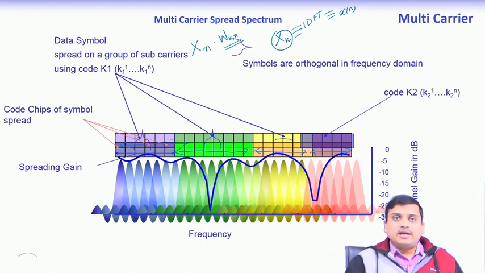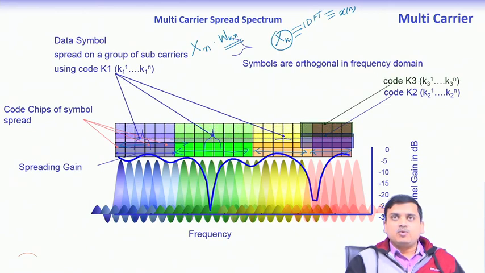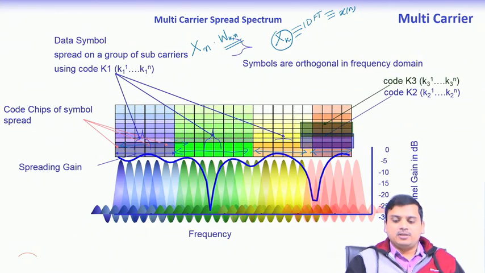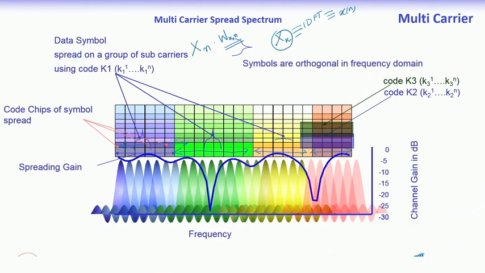We have discussed that if they are orthogonal, there will be no projection on each other, and if they are pseudo random, the amount of cross correlation will be very less. So, instead of seeing them in the time domain, as in the third generation, here we are showing the frequency domain picture. One can stack up different codes as we are showing in this picture, and hence one would get a huge benefit in terms of spectral efficiency.